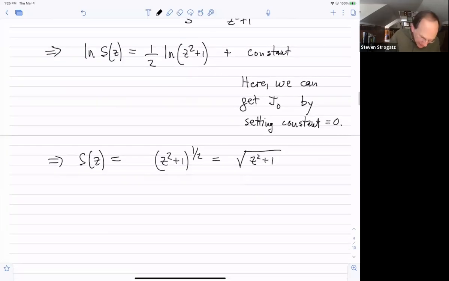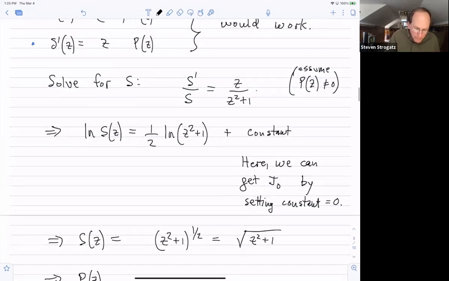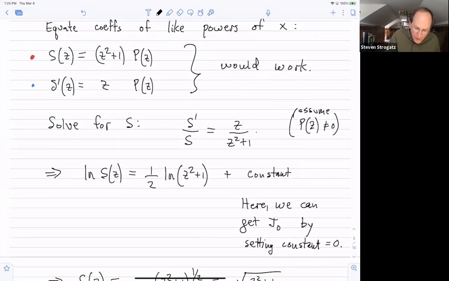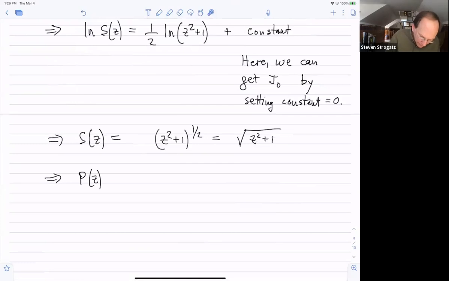I mean, what was our P? The condition on P, if I look above, was that that's coming from this red equation here. P of Z is S divided by Z squared plus 1. So this would be, that will give us a 1 over a square root.